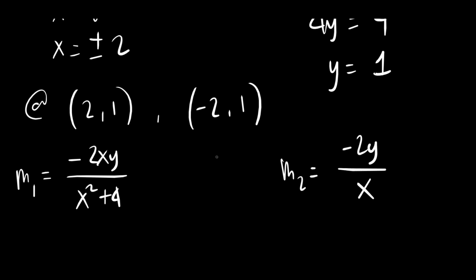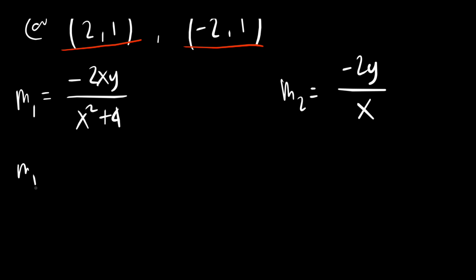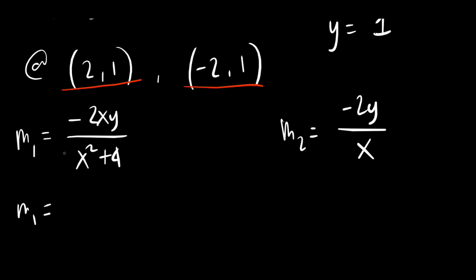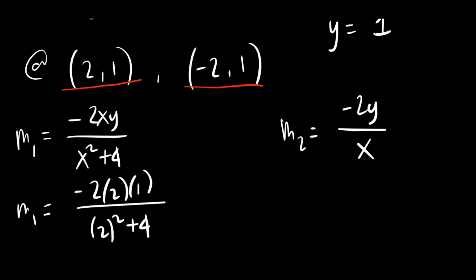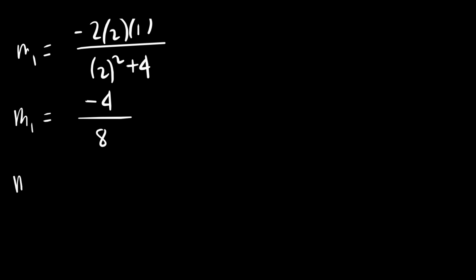I prefer to use the ordered pair (2, 1), but you can also use the other one. So for m1 is equal to negative 2 multiplied by 2 multiplied by 1 all over 2 squared plus 4. Simplifying further, m1 is equal to negative 4 all over 4 plus 4, which is 8. So m1 is equal to negative 1 half. Take note of that.